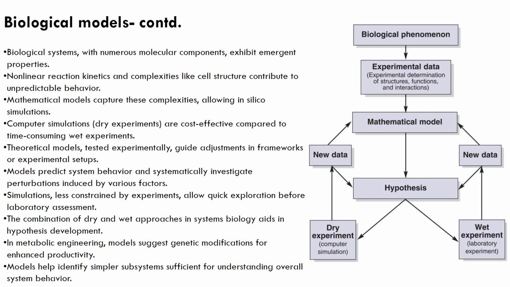You can include that in your mathematical model, and the results of the model will give you a hypothesis about how the phenotype is getting generated, which can help you design new dry and wet lab experiments. You can design new computer simulations, or new laboratory experiments, and get new data and feed it into the model again, which will give you an even better hypothesis, if the fed data is correct and accurate.